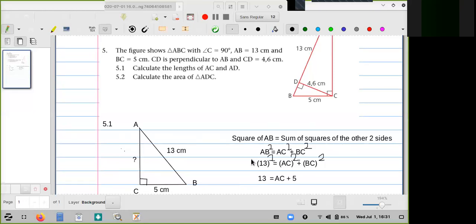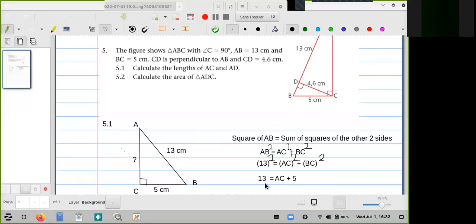The two other sides are the sides which are perpendicular to each other, which are 90 degrees to each other. So it's AB squared is equal to AC squared plus BC squared. Then I just substituted AB, which is 13 centimeters. So it's 13 squared is equal to AC squared plus BC squared.